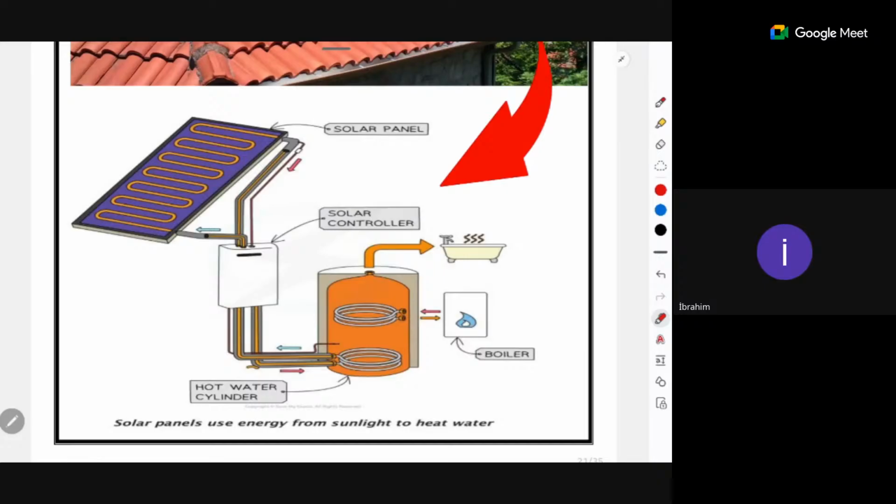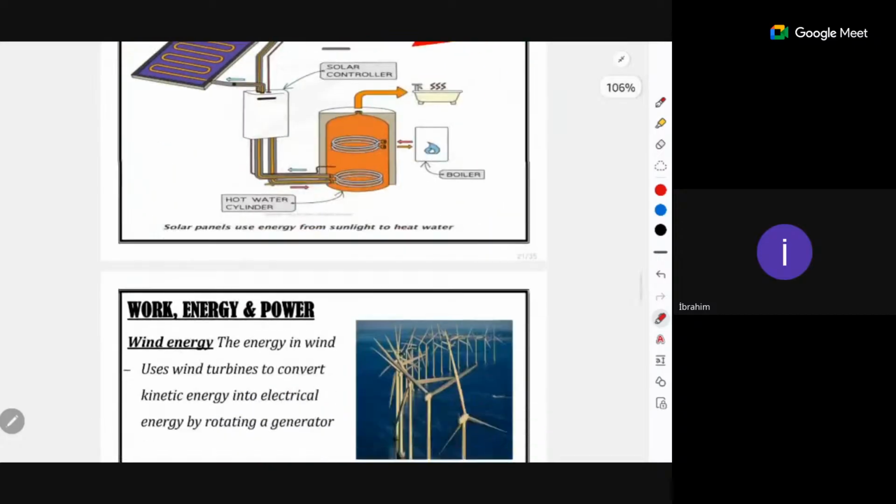The cold water coming in is heated through these ducts. It is converted and comes back into this chamber, and from here you are using the hot water and cold water. So these are called solar geysers as well, right?